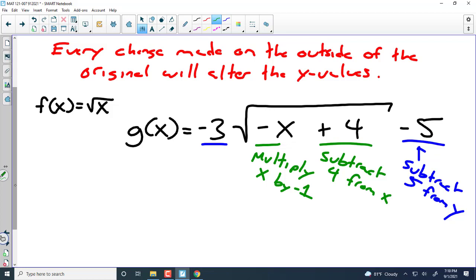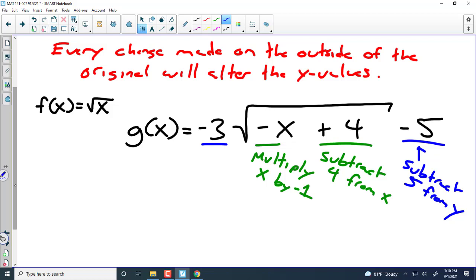Now here's something really cool, everyone. I see a -3 in front. And who remembers what's bizarre about that -3? What's actually going on with that? There's two things happening. The negative causes a reflection. The 3 causes a stretch. So, the neat thing is, even though that's two different things, they both impact y.